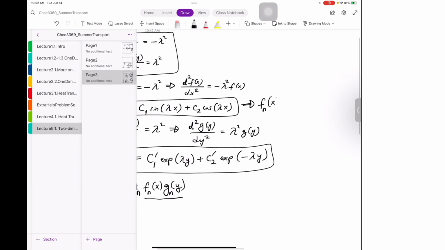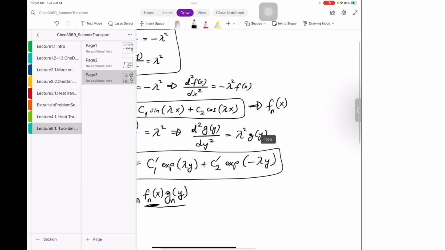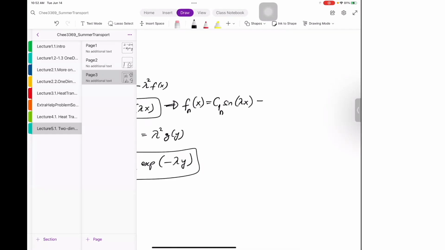So I'm going to write this as f_n of x, meaning the nth function of x, which is still in this form: c1n sine lambda_n x plus c2n cosine lambda_n x, right?